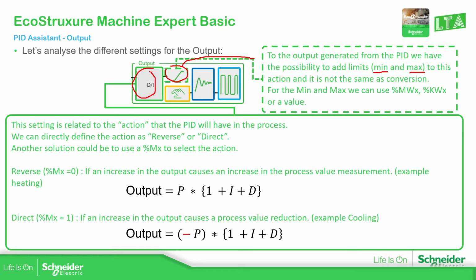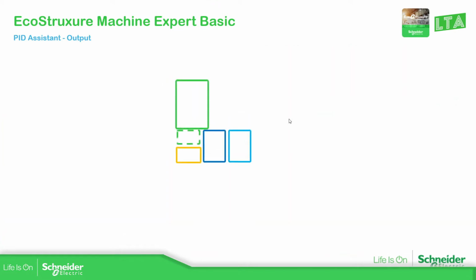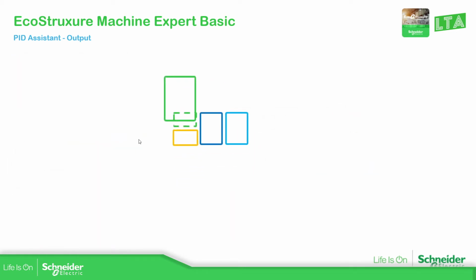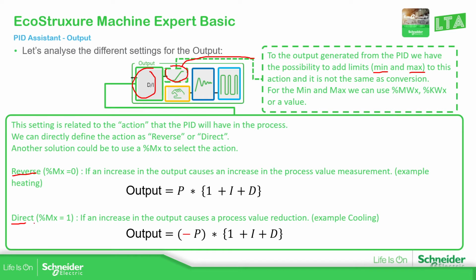This action can be reverse or direct, and you can link a percentage MW boolean variable, as I'm doing here, to change between reverse and direct.